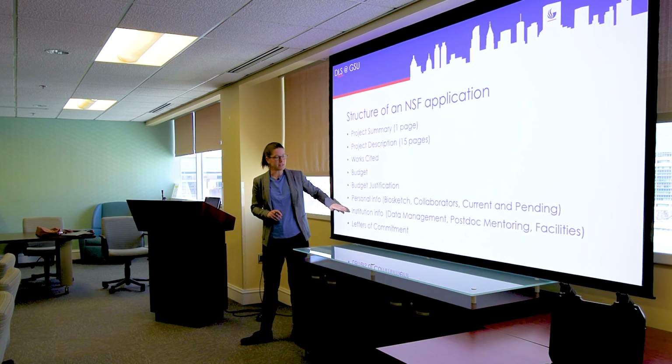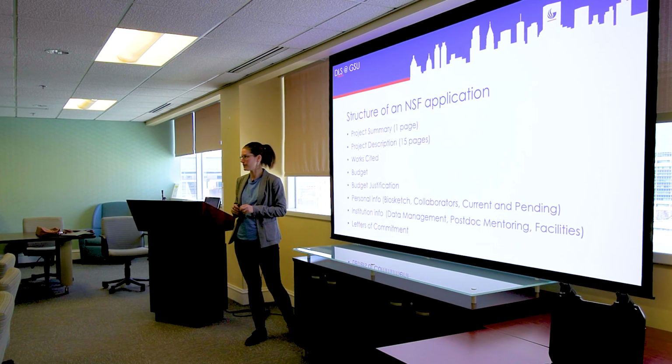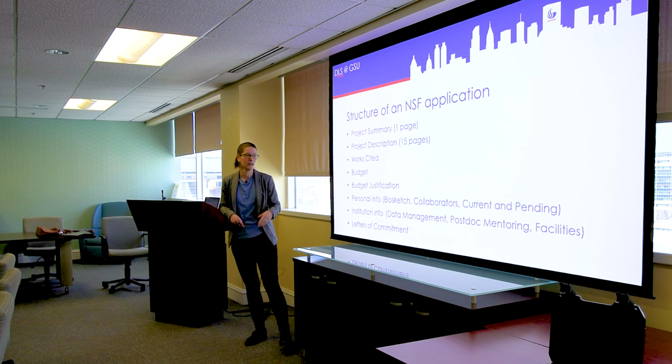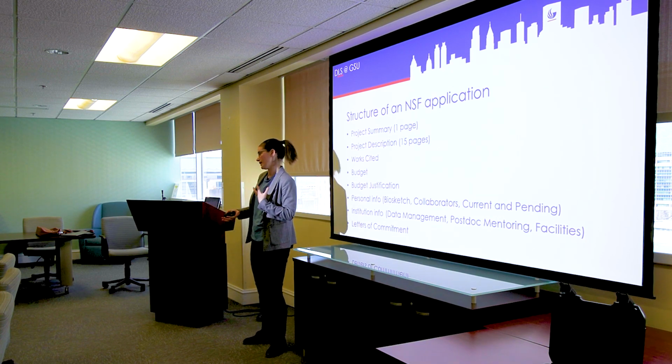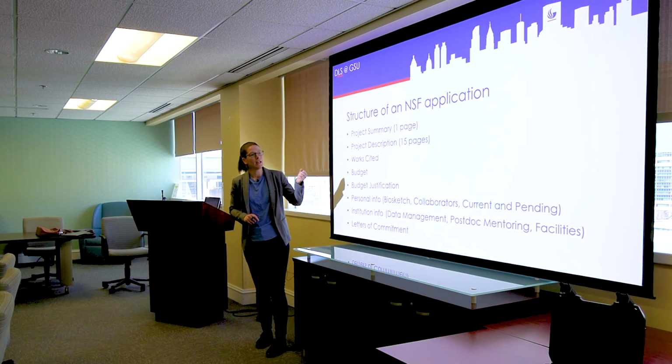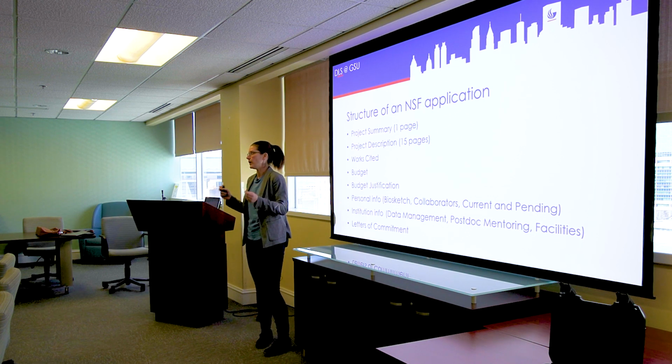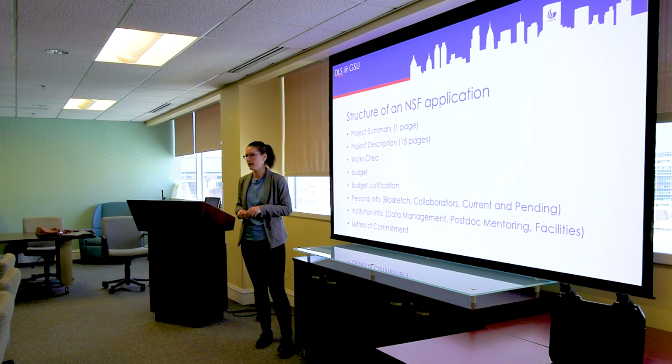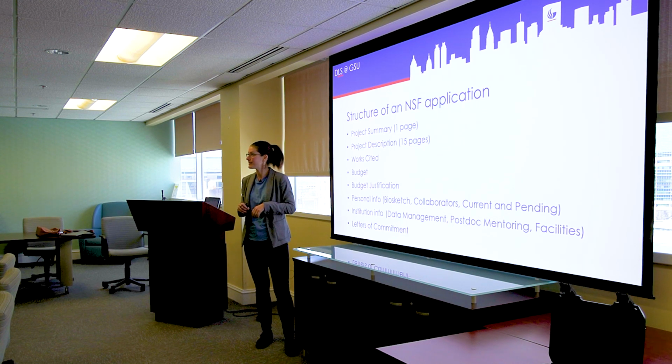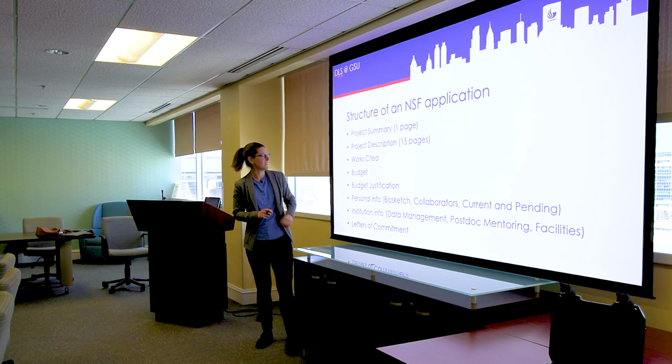And then there are some additional pieces. All of these are very formulaic. So there's personal information about you, which is a 2-page bio sketch, like a shortened CV, your collaborators so that they know who's a conflict of interest for reviewing, and current and pending funding so they know what other externally funded projects you have going on, which can sometimes be used to discuss whether you have the capacity to do this project.